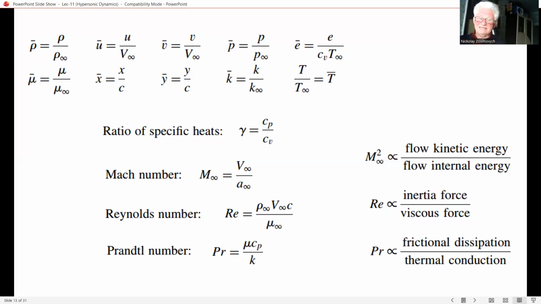For air at standard conditions, Prandtl equals 0.71. Note that Prandtl is a property of the gas. For different gases, Prandtl is different. Also, like mu, k, and Cp, Prandtl for a non-reacting gas is a function of temperature only.